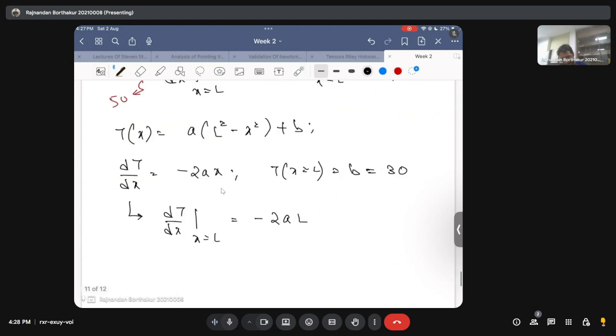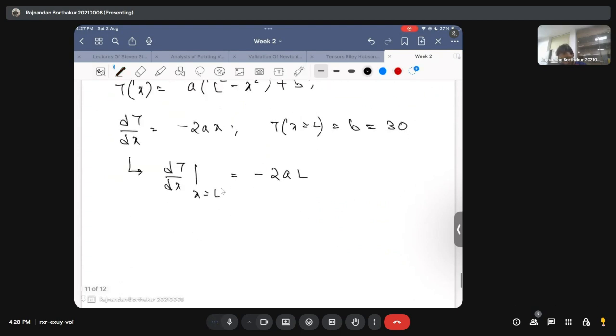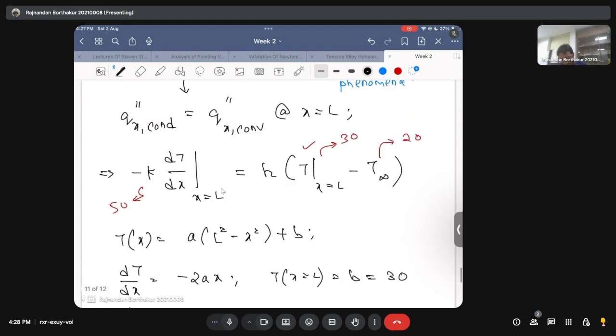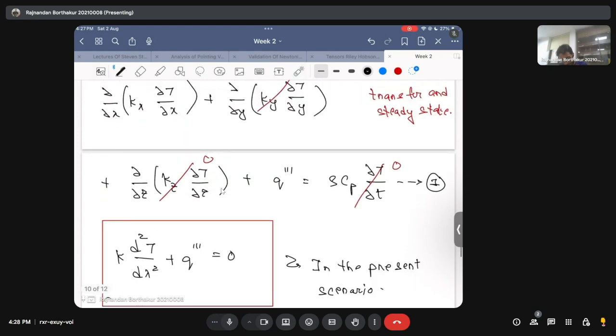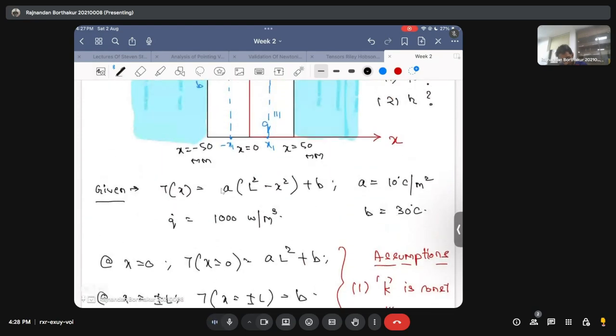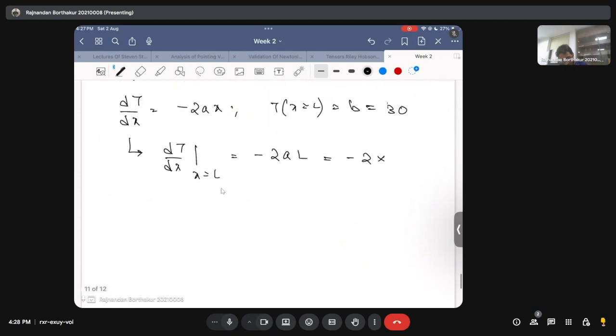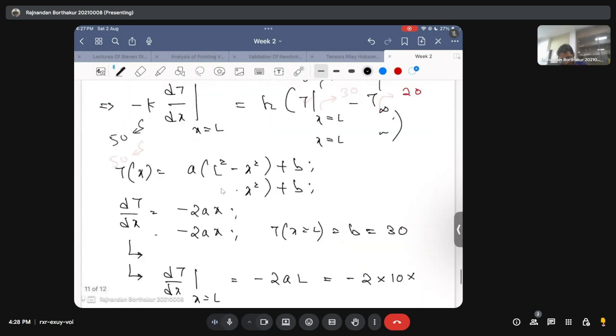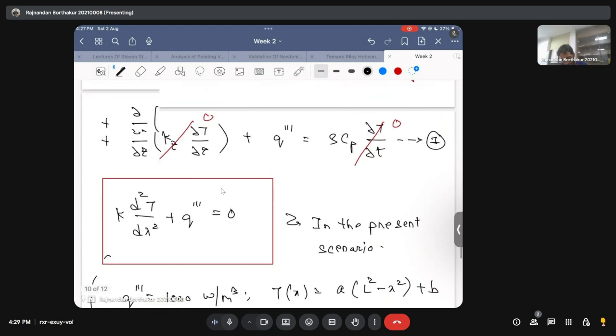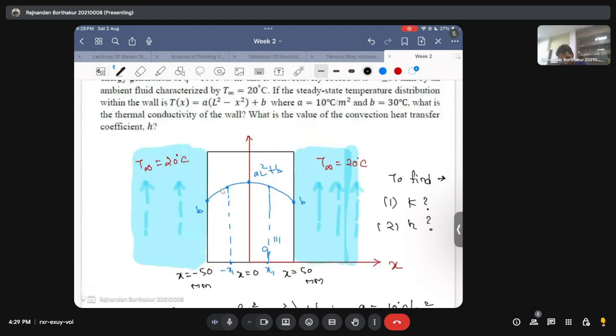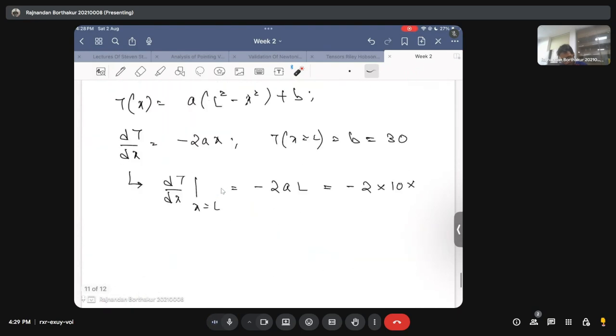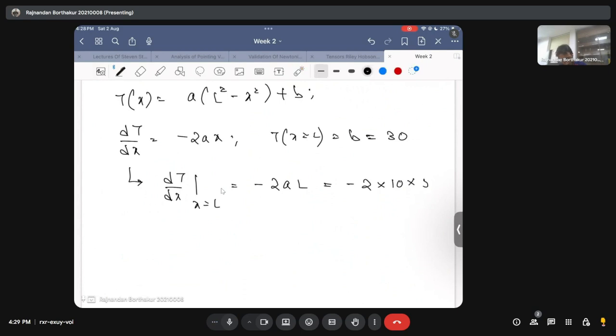And dT/dx at x equal to L is just minus twice AL, which is minus 2 times A. A is given to be equal to 10, so this is 10 times L. You know that L is 50 mm, because the entire length is twice L, meaning L is just 50. So this becomes 50 into 10 to the power minus 3.